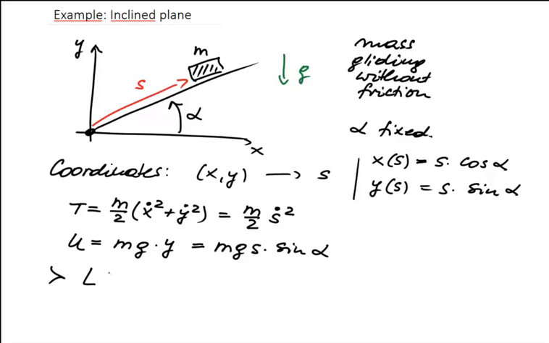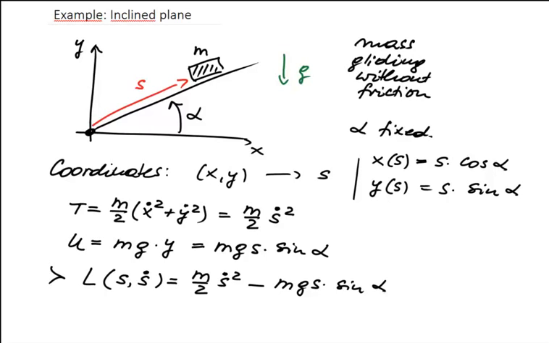This then gives us the Lagrange function as a function of our new coordinate s and s dot, and it doesn't depend explicitly on time because the inclination angle is fixed. That's kinetic energy, m half s dot squared, minus potential energy, mgs times sine alpha. So we have the Lagrange function now expressed in terms of our convenient coordinate s and s dot.